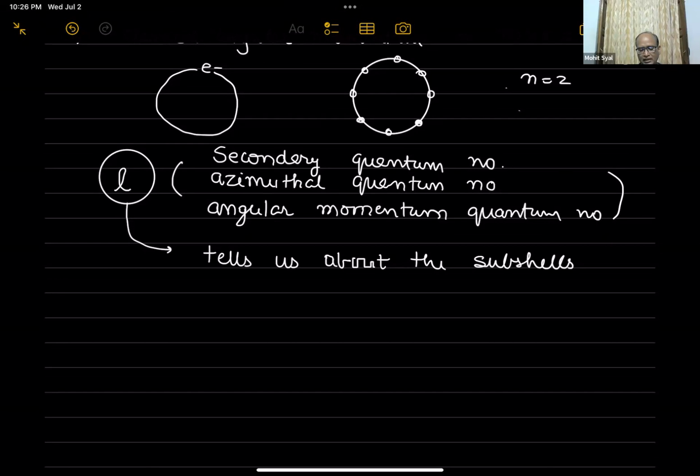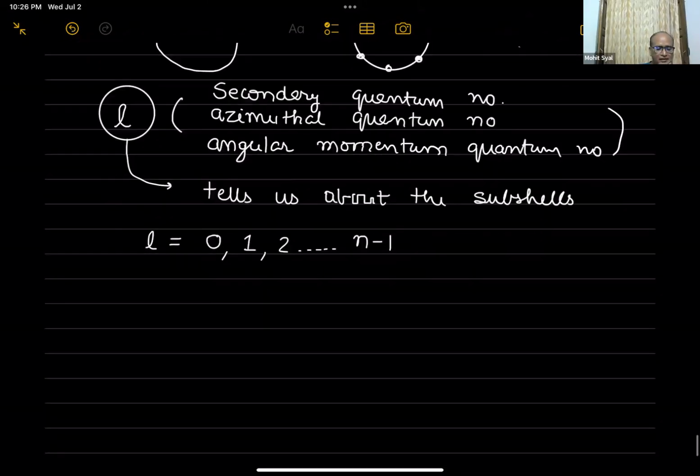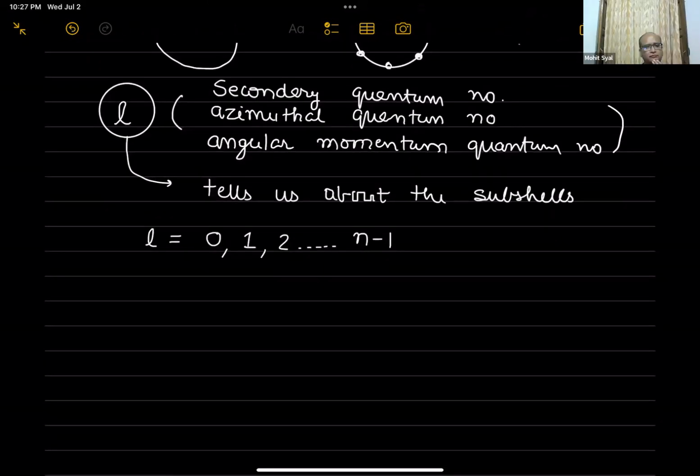For each n, the value of L starts from 0, 1, 2, and goes up to n minus 1. Is it clear? You need to remember this.